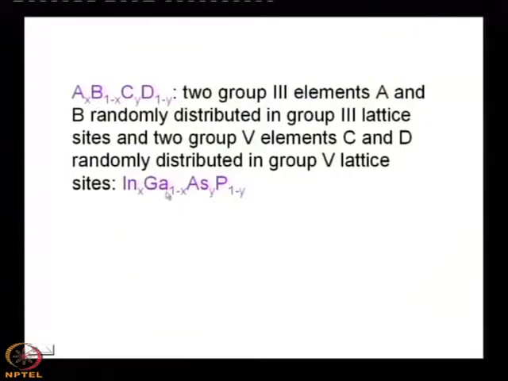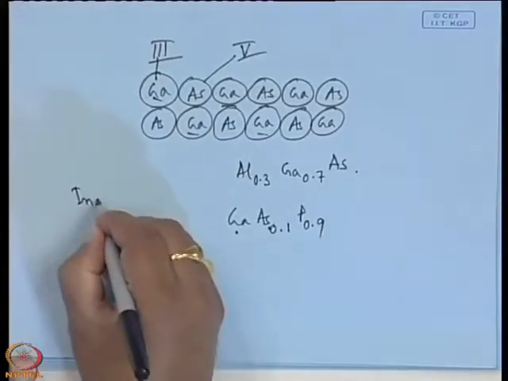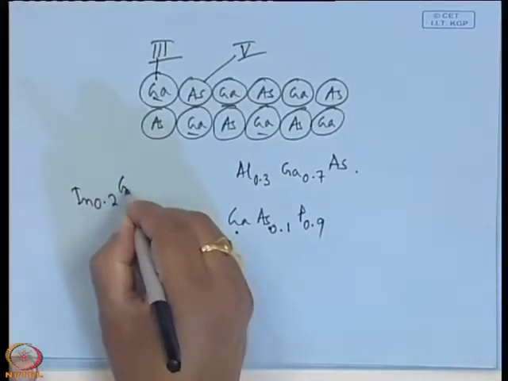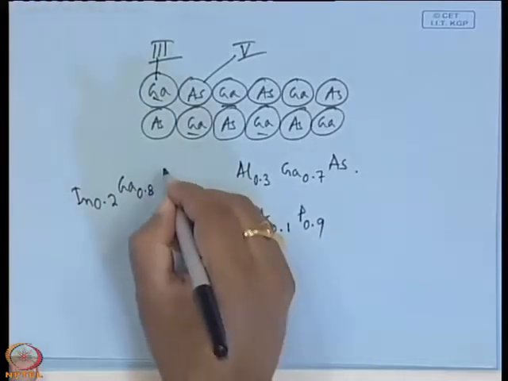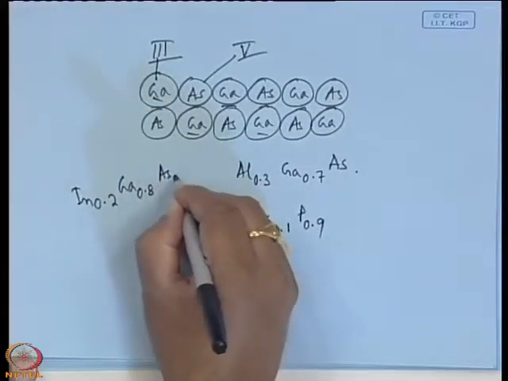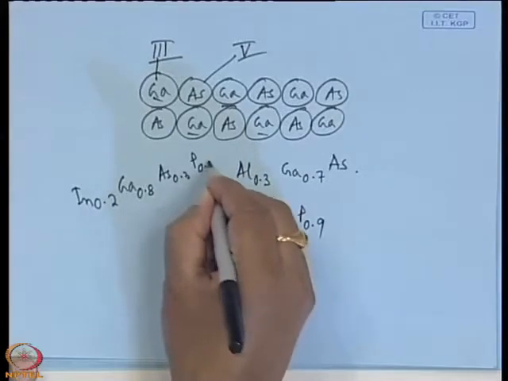So, indium gallium arsenide phosphide, that means say indium 0.2, gallium 0.8, arsenic 0.3, phosphorus 0.7.